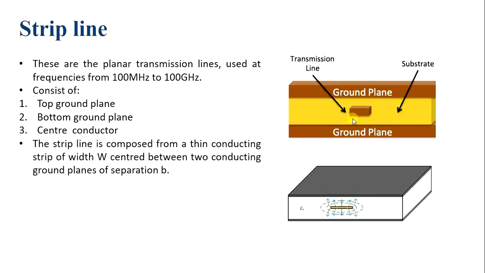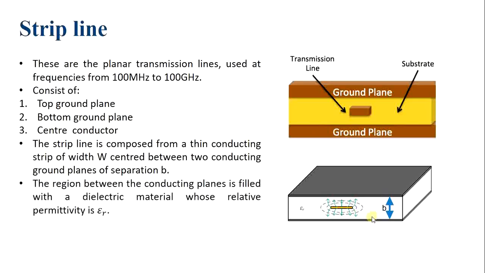The strip line is composed of a thin conducting strip of width W, and it is centered between the two conducting ground planes whose separation is denoted by B. And the region between the two conducting planes is filled with the dielectric material whose relative permittivity is epsilon r.